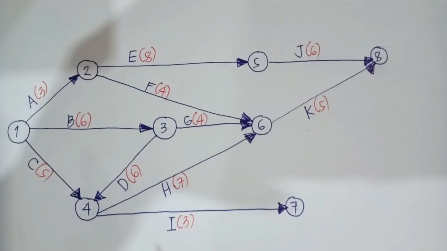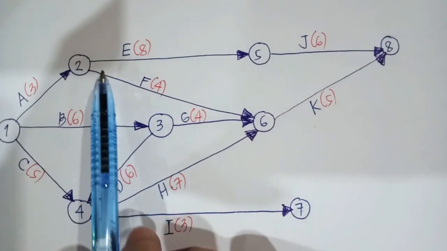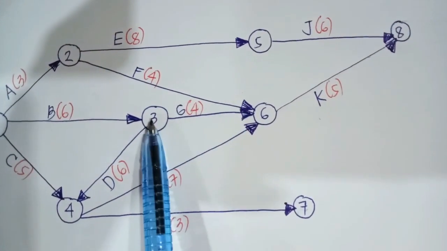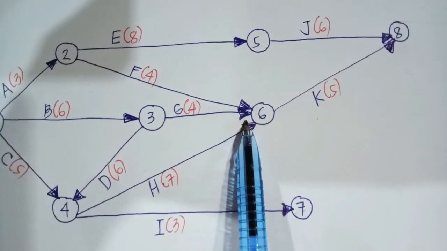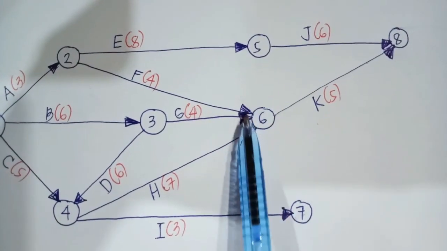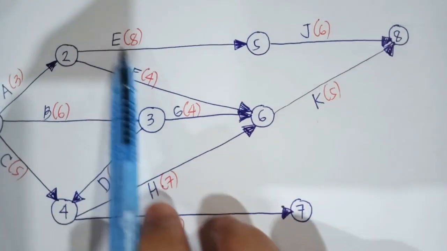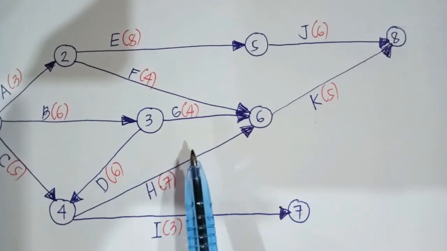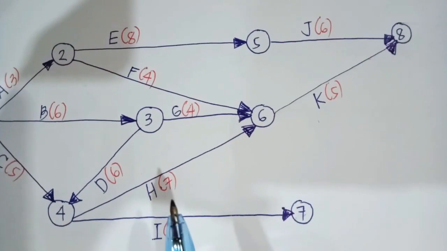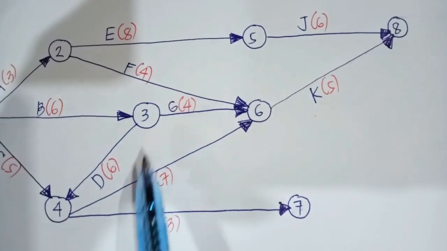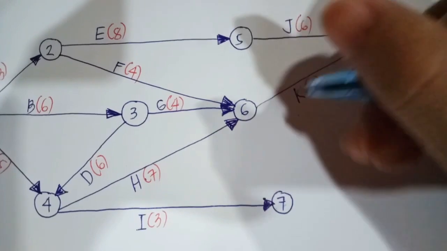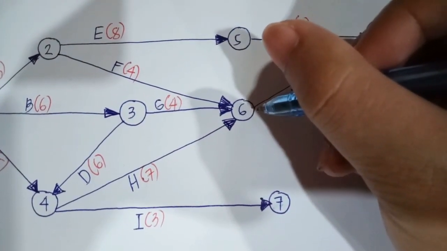Now, as you can see in our network diagram, this is our activity F, this is our activity G, and this is our activity H. And as you can notice, node 6 is the ending point of activities F, G, and H. And so for that matter, remember that our activity L starts where F, G, and H end. So this is where our activity L starts.